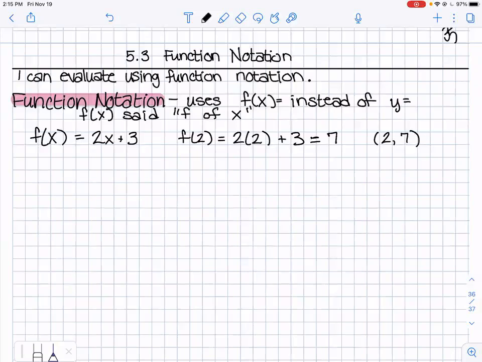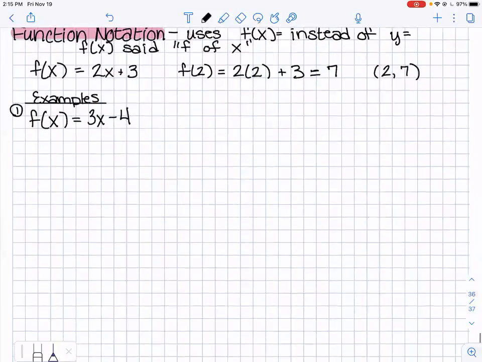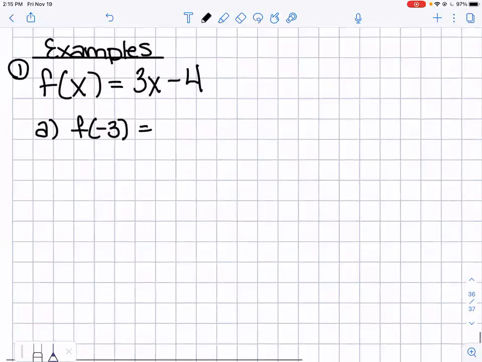Okay, so let's do this. The rule is f of x equals 3x minus 4. So now let's say they said, now find f of negative 3. Write this down, f of x equals 3x minus 4.